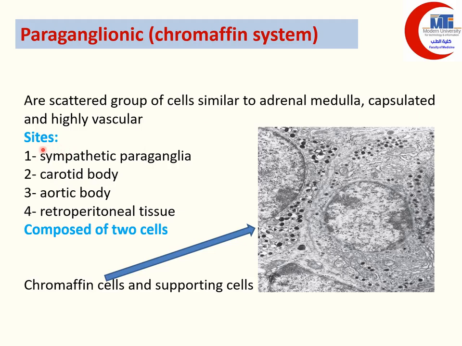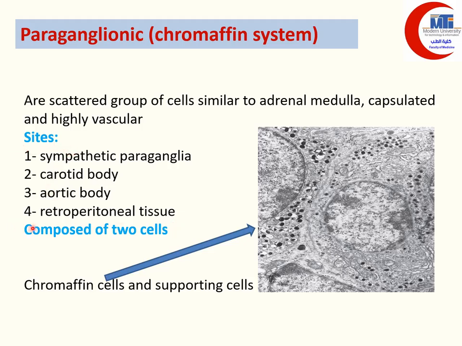Sites of this system: the first one is the sympathetic paraganglia, which we studied; they lie beside the sympathetic ganglia and have the same structure as the adrenal medulla. Also the carotid body, related to the common carotid artery, the aortic body, related to the aorta, and retroperitoneal tissues.